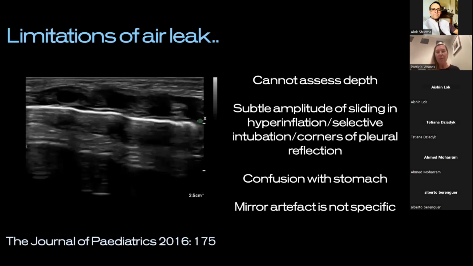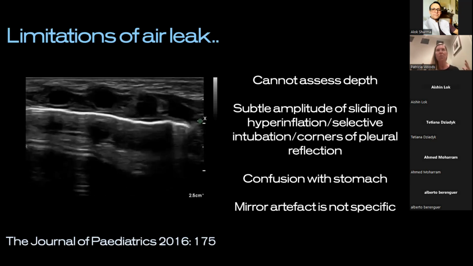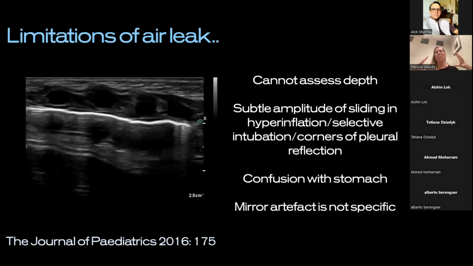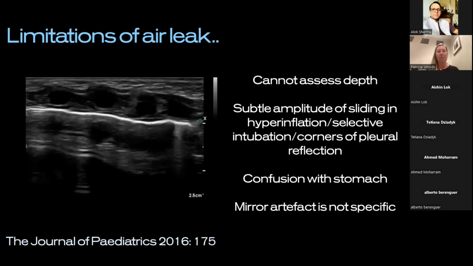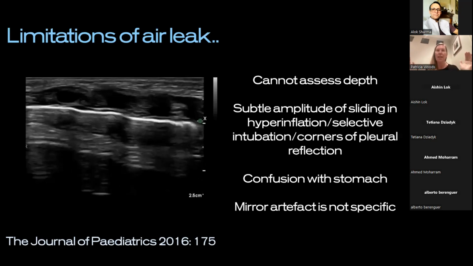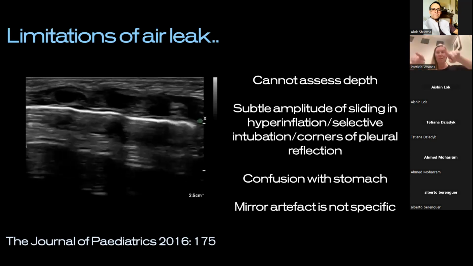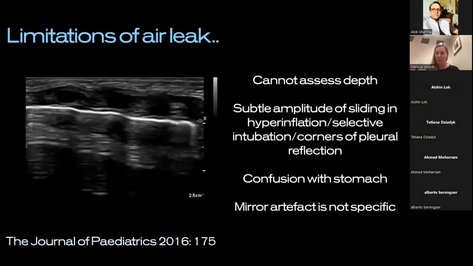Sliding can also be really subtle, and I'm going to show you a few examples here, particularly when it comes to hyperinflation. If you think about it, your lungs are big and bursting and not moving as much. Okay, that can be tricky, and particularly in areas where there's pleural reflection, when it comes around the corner, around the cardiac, or at the end of where the pleural reflections are with the diaphragm.